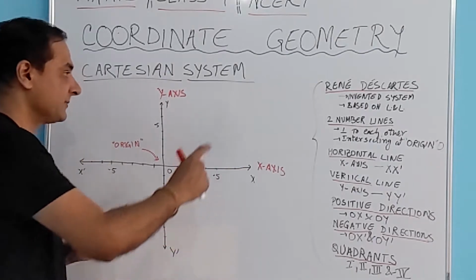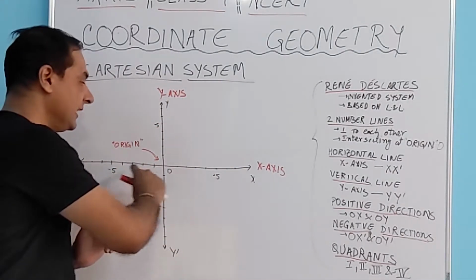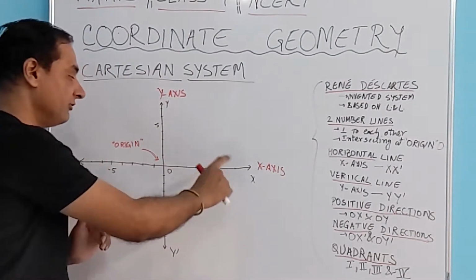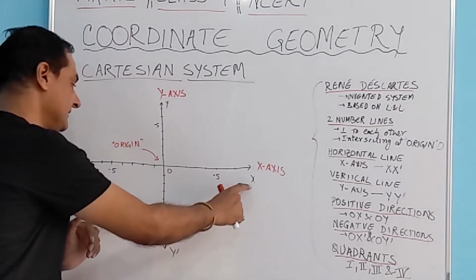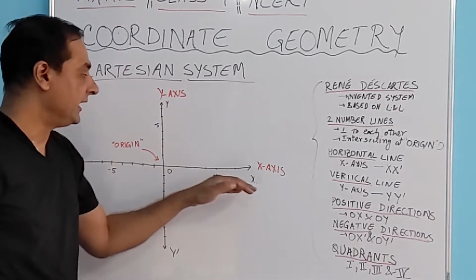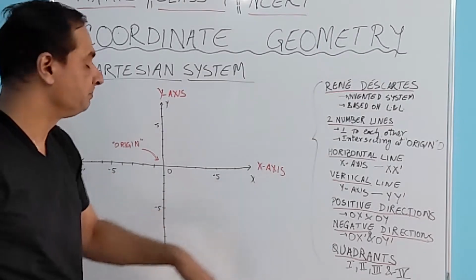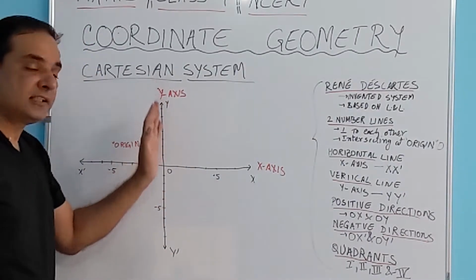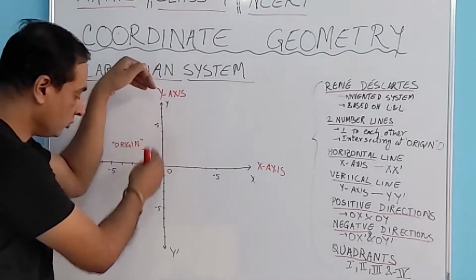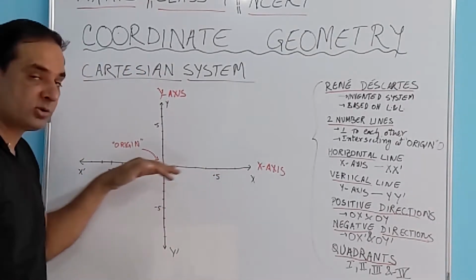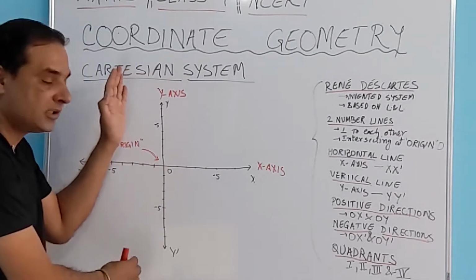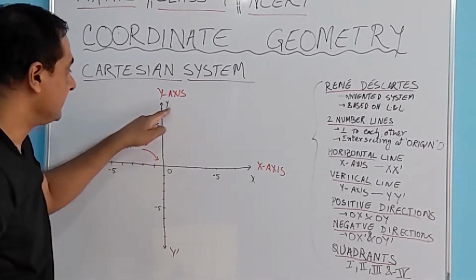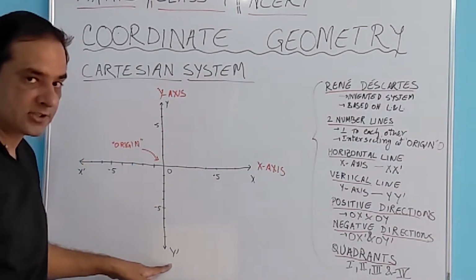So let's look at this. The idea is to have a horizontal line which will be denoted as X'X, and we will call that the x axis. In the same way, there is another number line which is placed vertically. This is perpendicular to the x axis, and it is drawn perpendicularly and denoted as Y'Y.